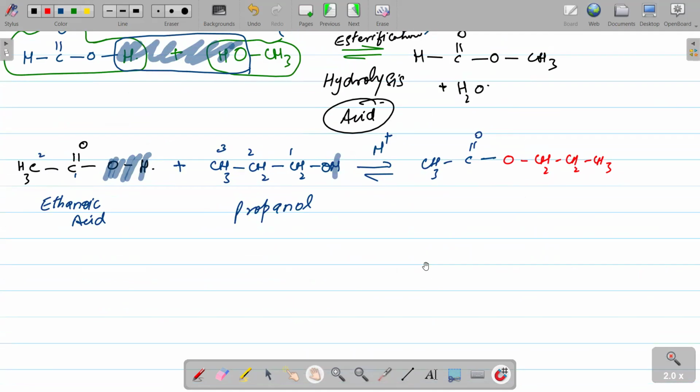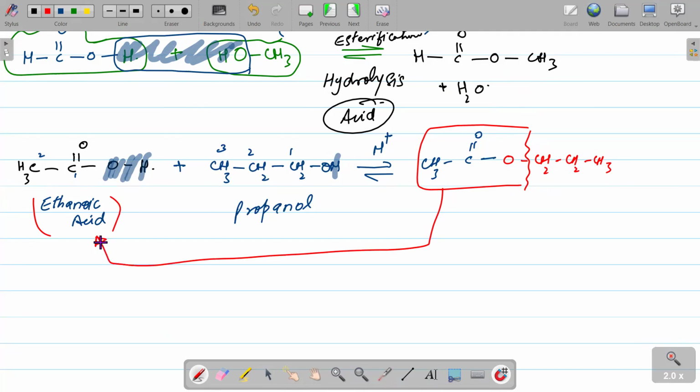So you can simply name it from the name of the reactants. So the name of this ethanoic acid will become ethanoate, this part that came from ethanoic acid. So its name will be ethanoate.